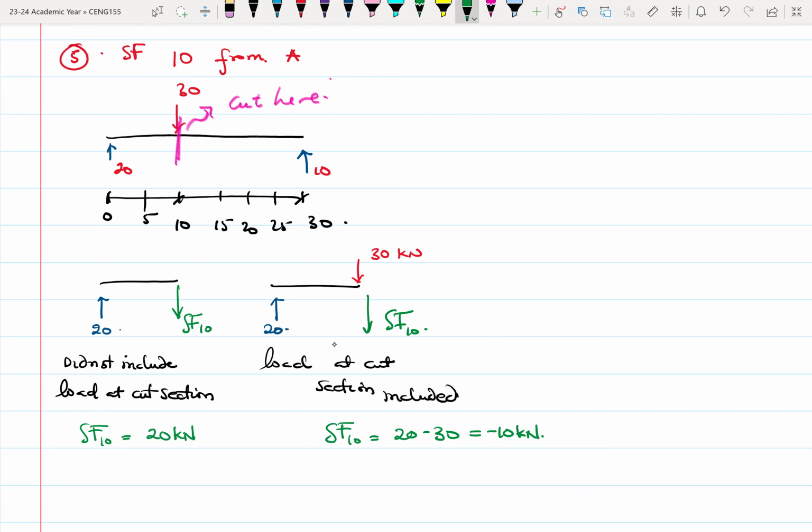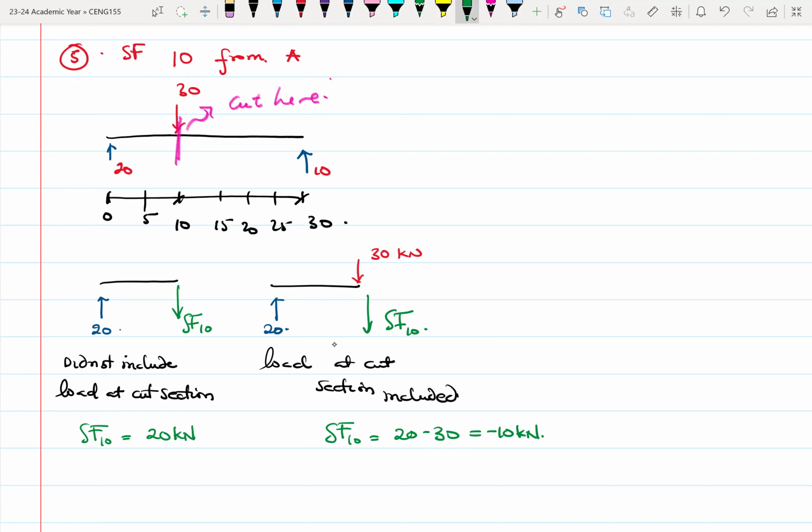And the reason behind all of this is that when we were discussing shear force, we mentioned that shear force causes what? A shearing behavior, a slicing behavior, all right? Which means that at any point you come across a point load, it can be an external load or whatever, that external load will cause that slicing behavior.